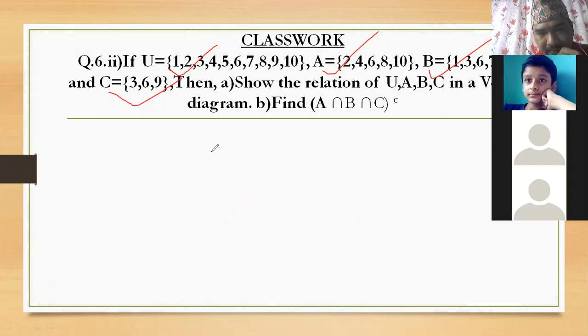Okay, your Venn diagram, you will draw it like this. This is set A, and draw this one.